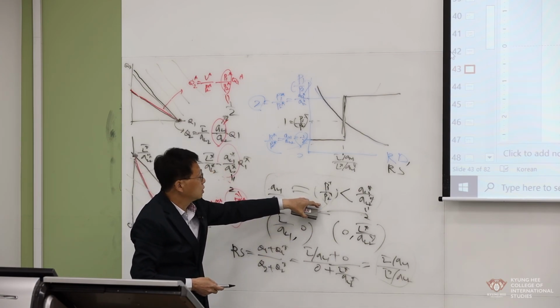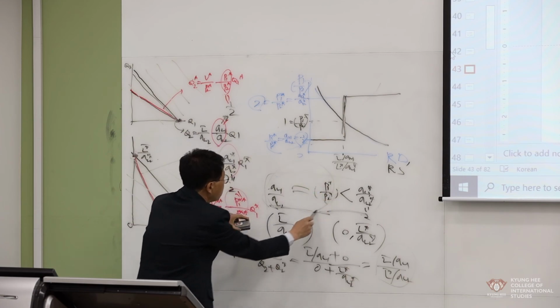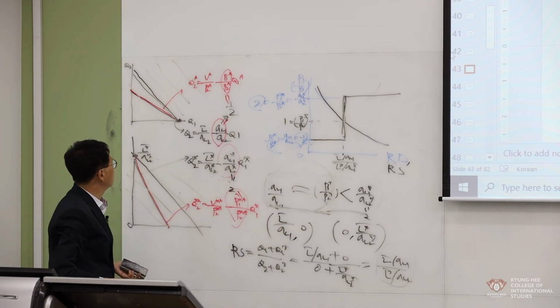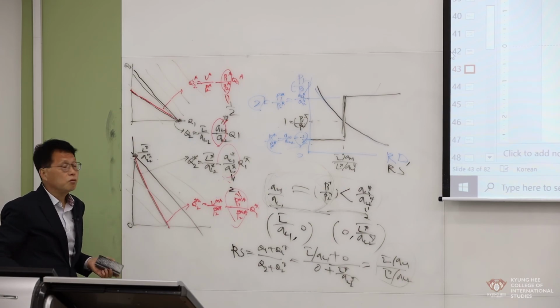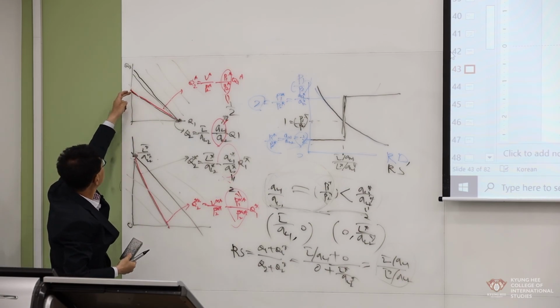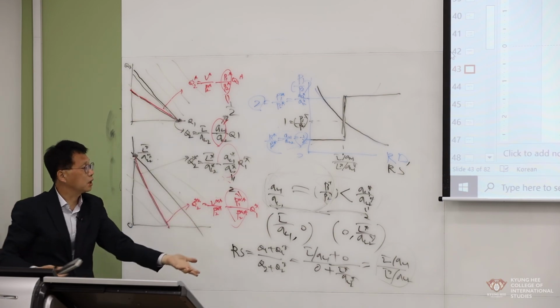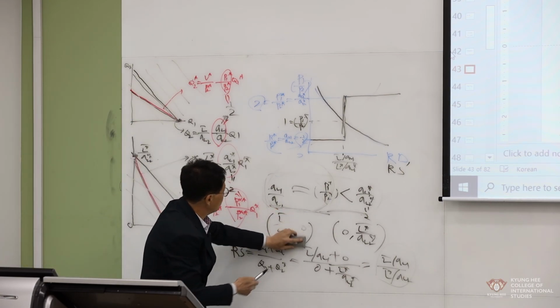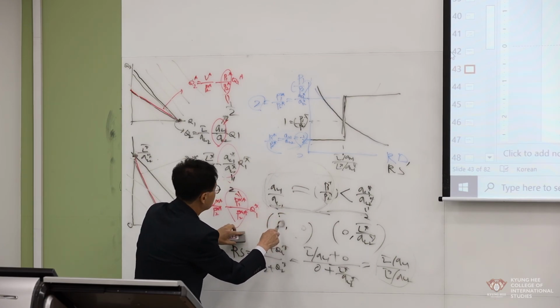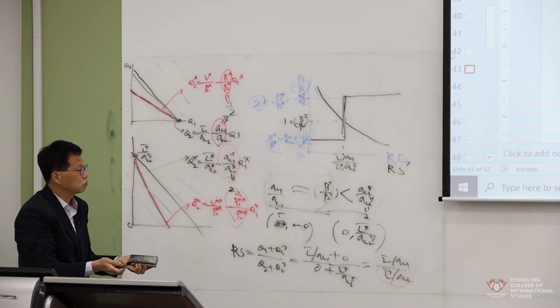Then the home country faces this kind of problem. So the conclusion is the same as in the autarky situation. Home can choose a production point at any point on this PPF, from 0 to something. Anyway, the home country can produce both goods.